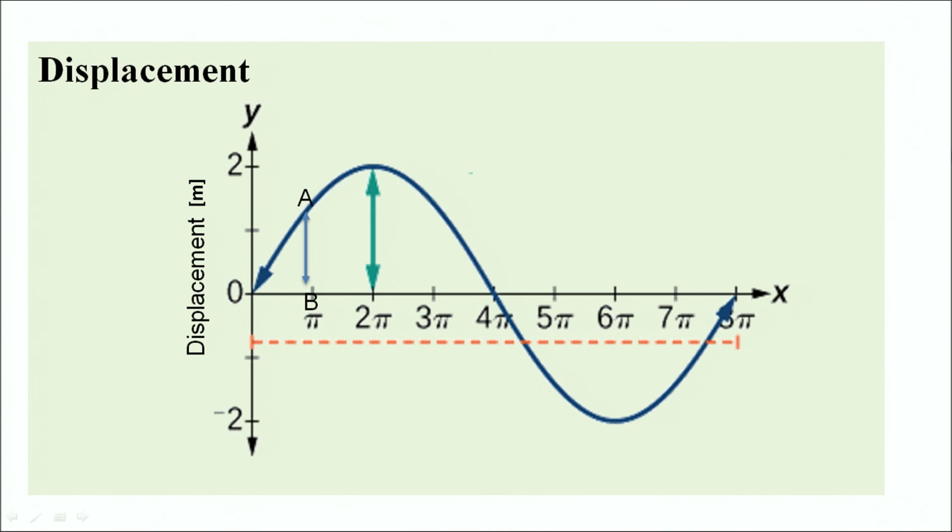For example, if you look at the graph of displacement versus time, the displacement at the instant b, which happens to be t equal to pi, is given as the height AB.